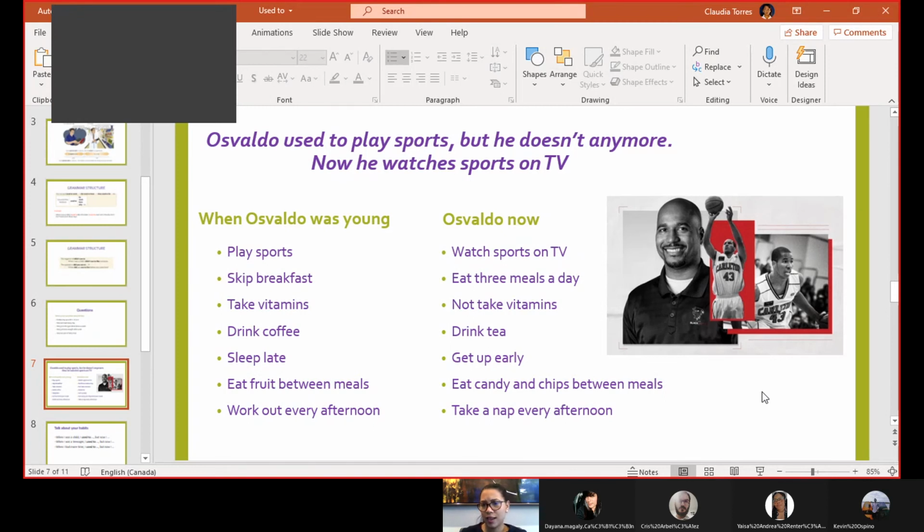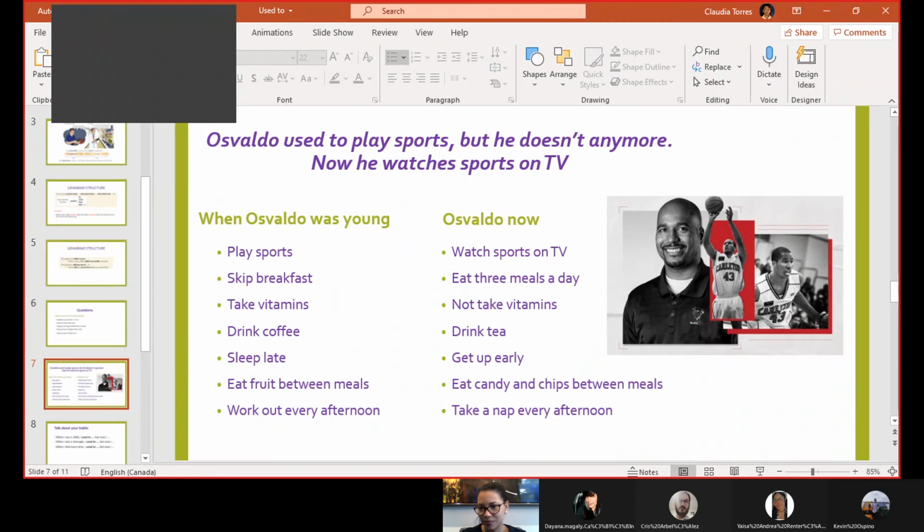The thing with this guy is, I think he used to have a healthier lifestyle, but now he's eating a lot of junk food and having bad habits for his health.